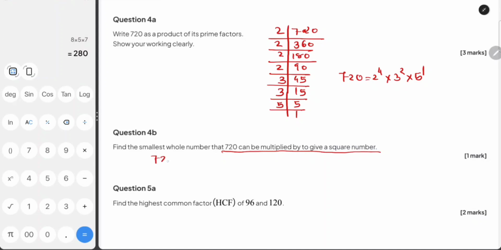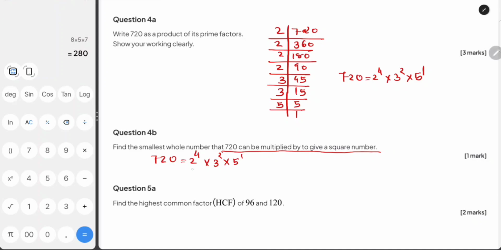Now if you observe the prime factorization of 720, that is 2 raised to 4, 3 raised to 2 and 5 raised to 1. And if you observe any square number, in its prime factorization each prime factor's power must be even.